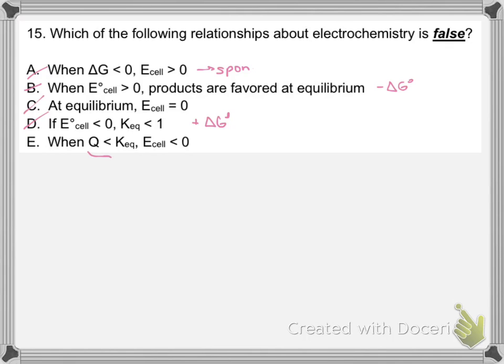And so we know when Q is less than KEQ, we have too many reactants. So the reaction is going to go in the forward direction, which is spontaneous. And so that should correspond to a positive E. So this is false.